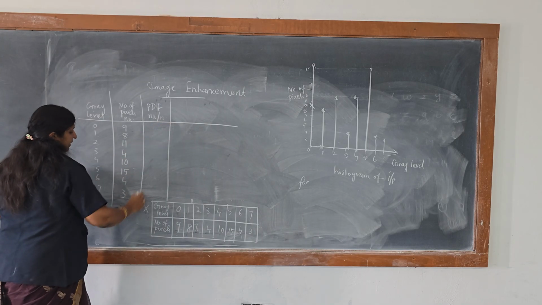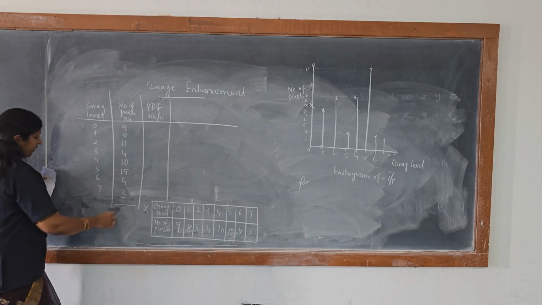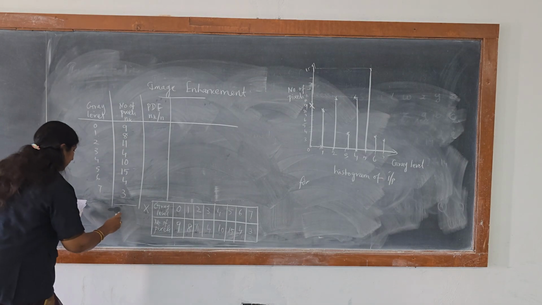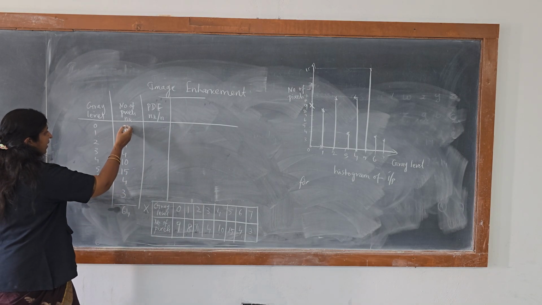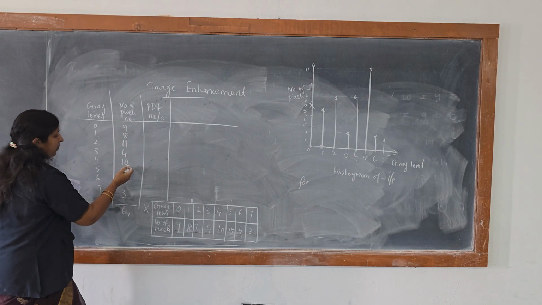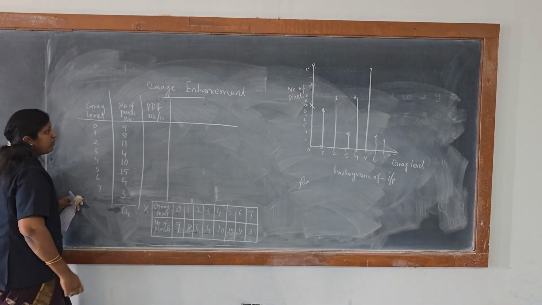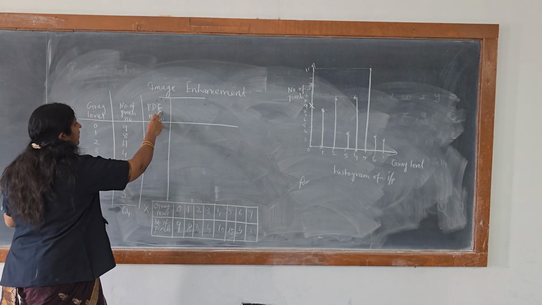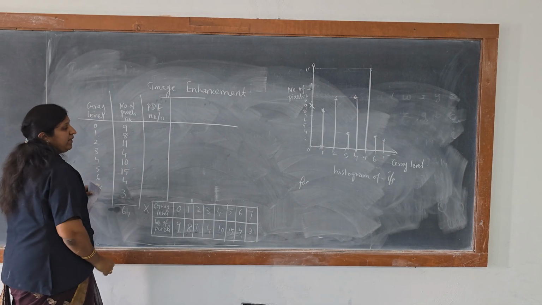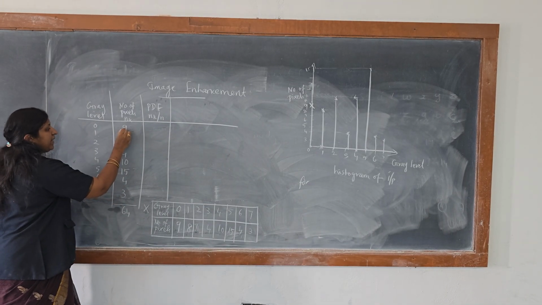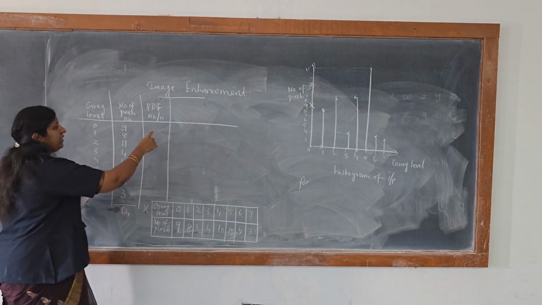And what is n? N is the total number of pixels in the image matrix. If you add all these values, 9 plus 8 plus 11 plus 4 plus 10 plus 15 plus 4 plus 3, you will get 64. So we can calculate the probability distribution function using the formula nk by n. This is the nk value; if you divide this value by 64, you will get the PDF value.